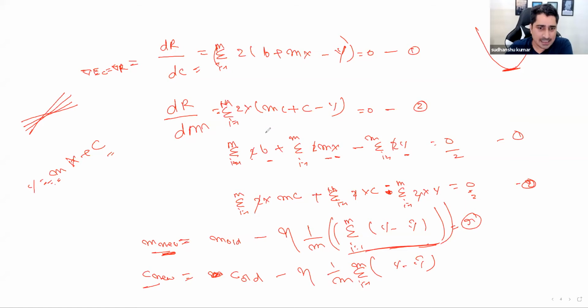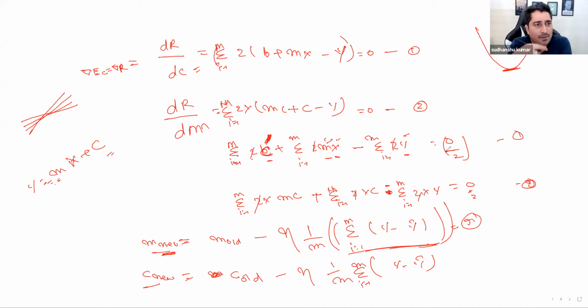Yes. If I am able to find the value of b, which is nothing but c, m, x, and y, I will be able to evaluate whether it's tending to 0 or not. Yes, everyone? This is what we are looking for.